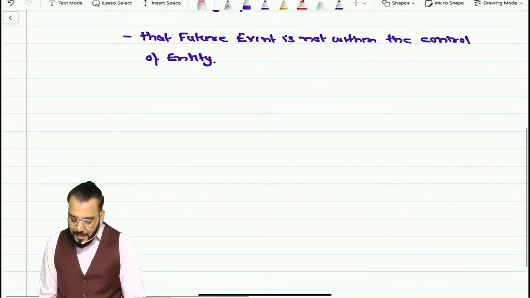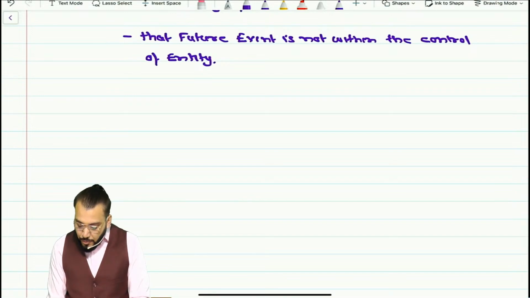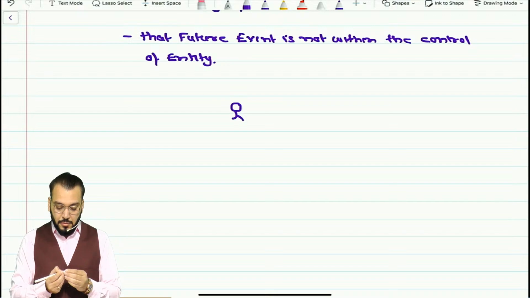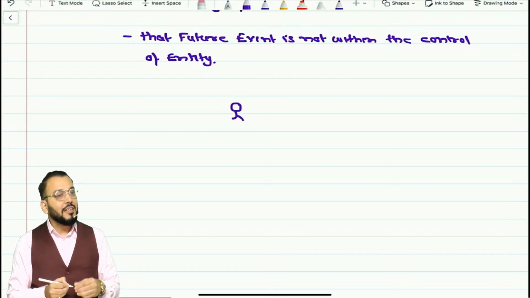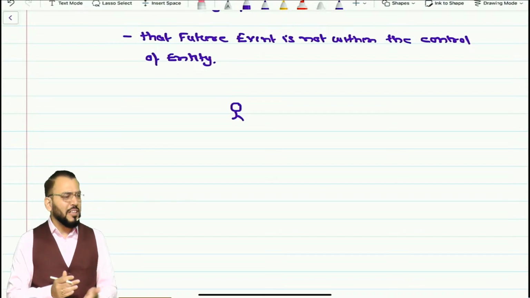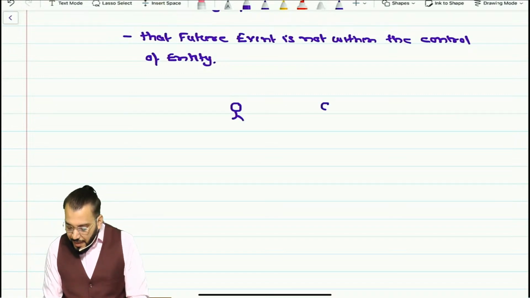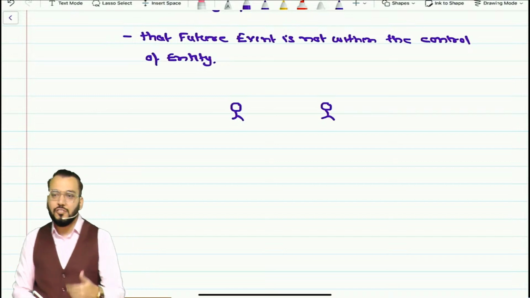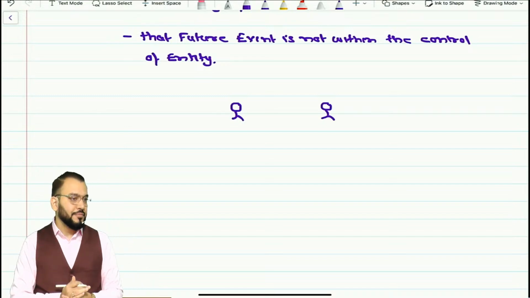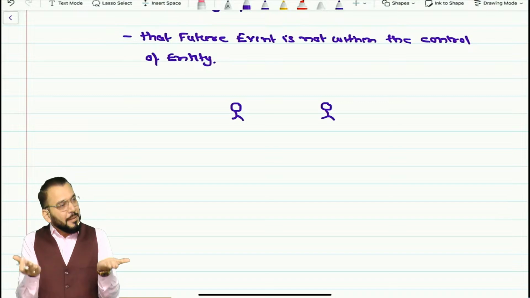Let me take a very simple example. Suppose you pass your class 12 examination. Already you passed, that is a past transaction. Correct? Understood? And one of your friends also passed the 12 examination. Correct? So both are at the same level.